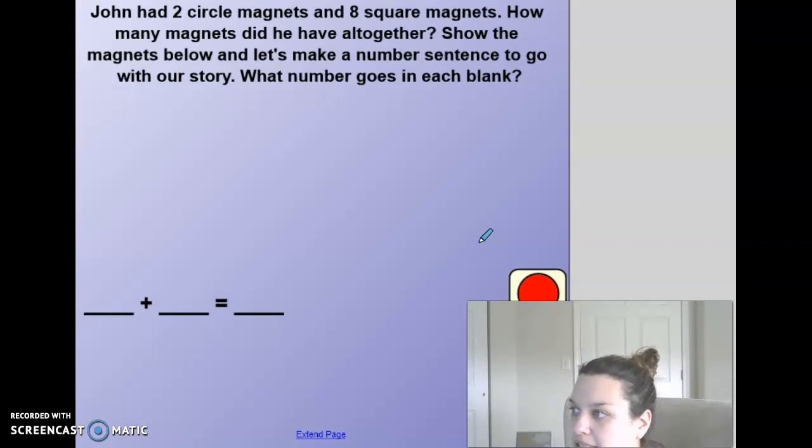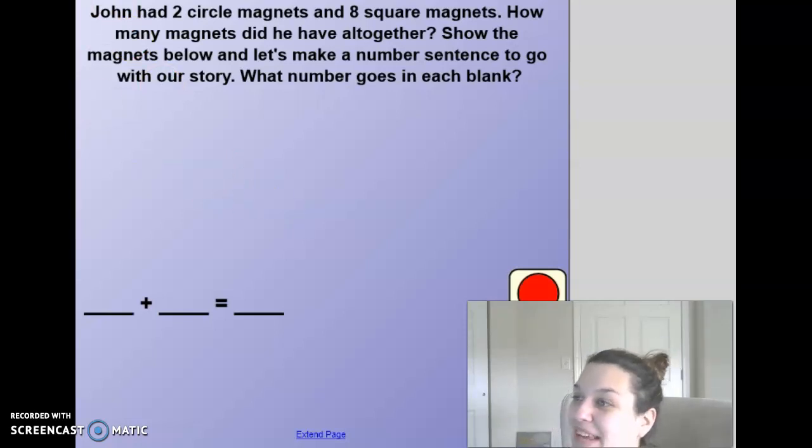How many magnets did he have altogether? Okay, John had 2 circle magnets and 8 square magnets. How many magnets did he have altogether? Go ahead. Draw a picture and a number sentence.